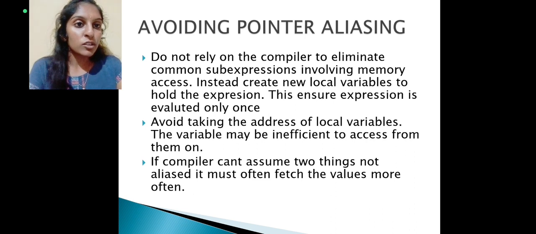Avoid taking the address of local variables. The variable may be inefficient to access from then on. If the compiler can't assume two things are not aliased, it must often fetch the values more often.